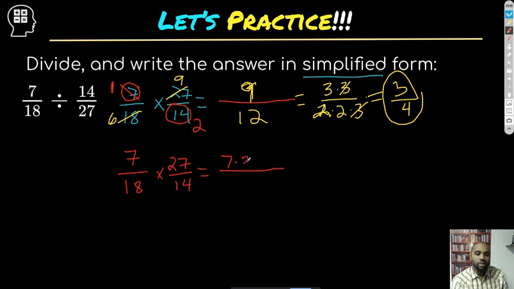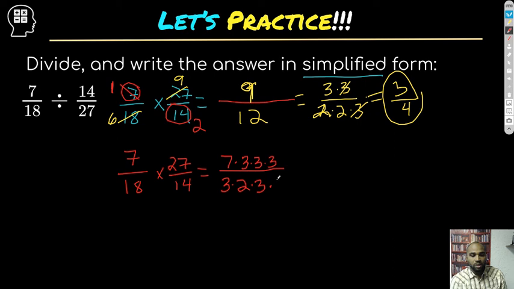So 9 can be written 3 times 3, and then times another 3. And on the bottom I have 18, so that can be written 3 times 6, so 3 times 2 is 6, times another 3 is 18, so that's the 18 part.